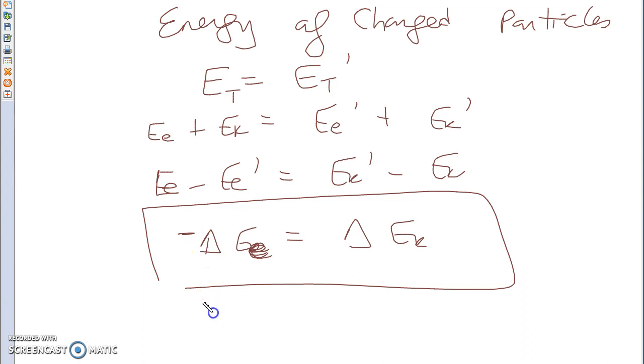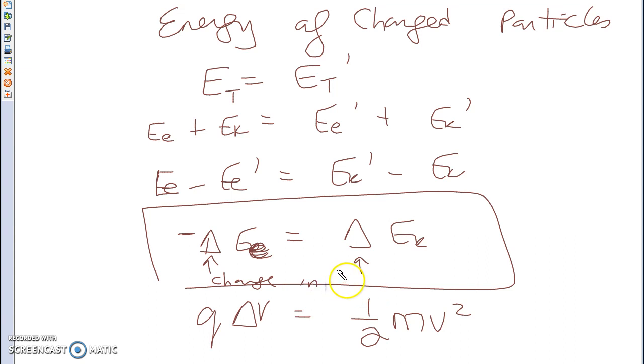Okay, EE can also be written down as Q times delta V, and this would be half mv squared. But remember, this is change. This is change. Change in energy.